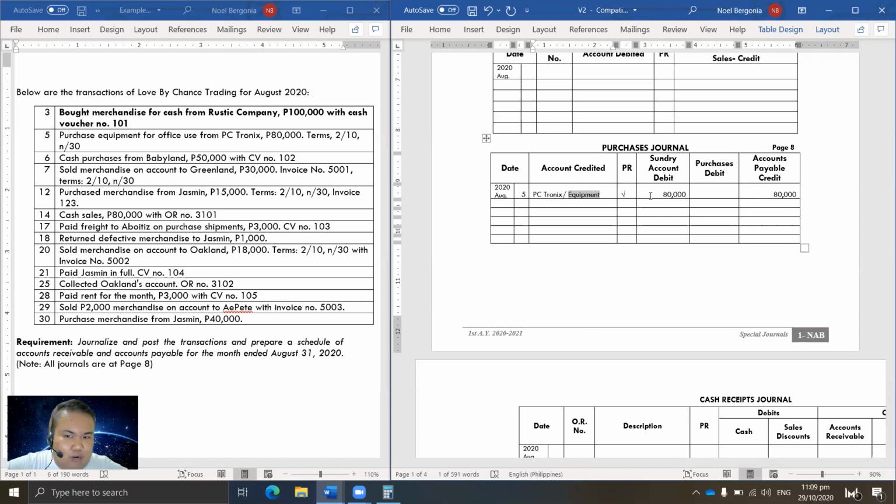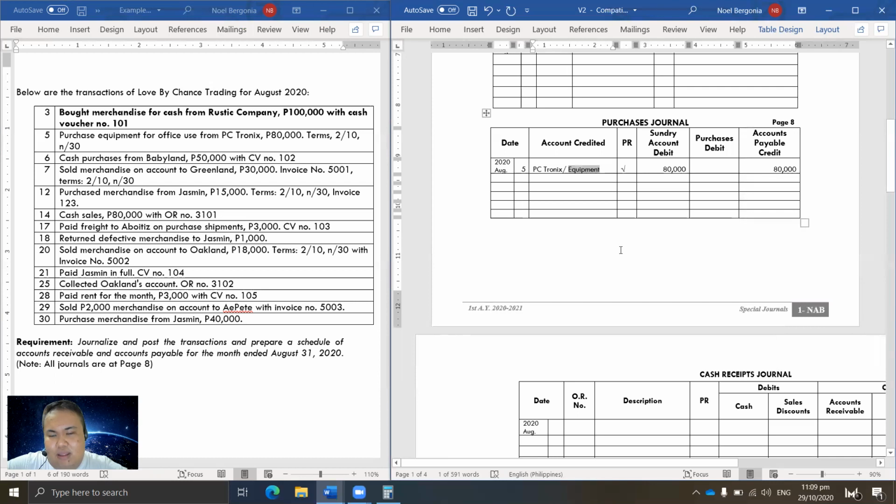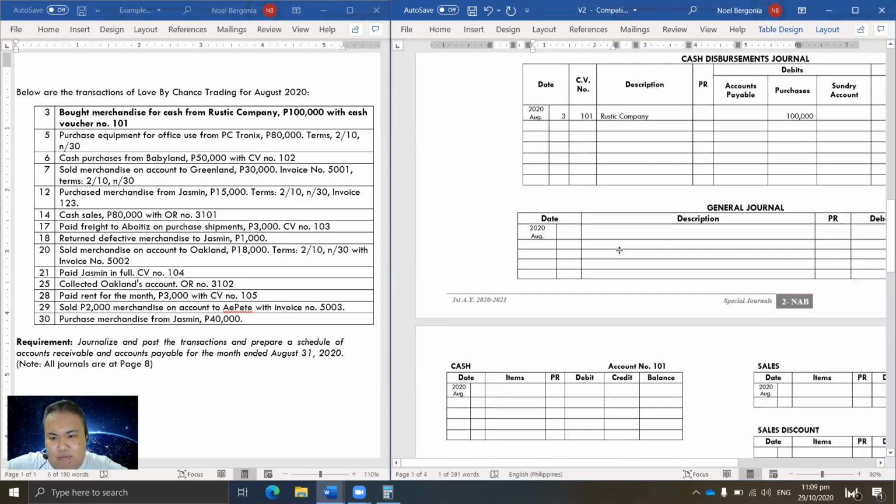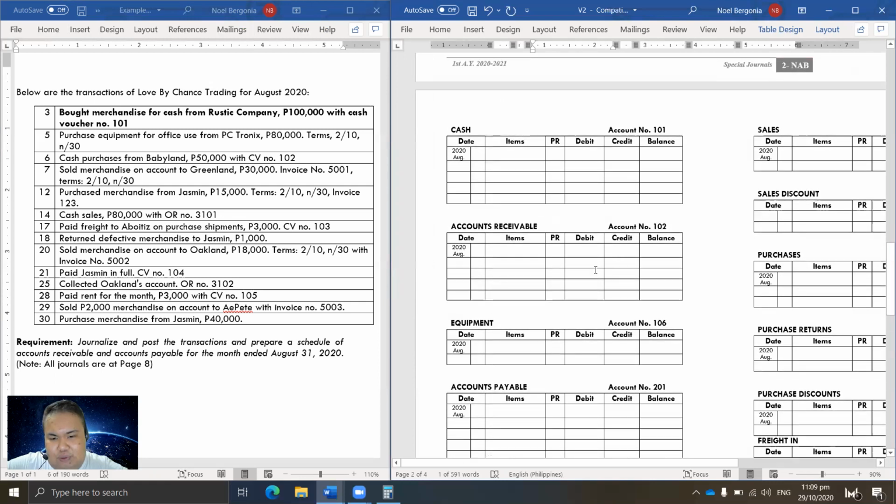Kasi hindi po natin pwedeng i-total yan or i-sum up mamaya. Unlike with the other columns of the different special journals, hindi natin pwedeng i-sum up itong sundry account kasi malamang iba't ibang account titles yan. So we just simply put that amount in our general ledger for equipment.